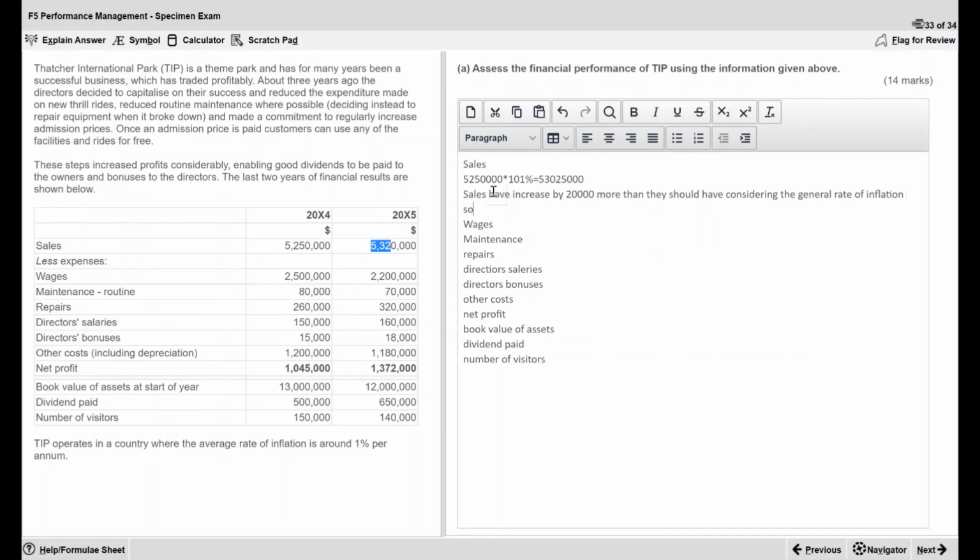So our initial thought is that sales have improved. Okay, maybe something else comes to our mind and we change our opinion, but for now we believe that maybe they have increased.